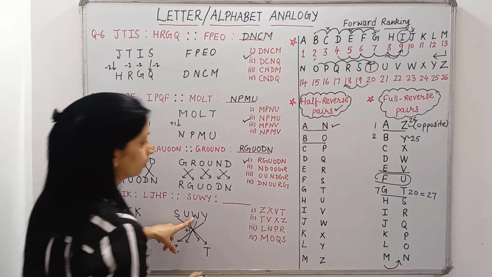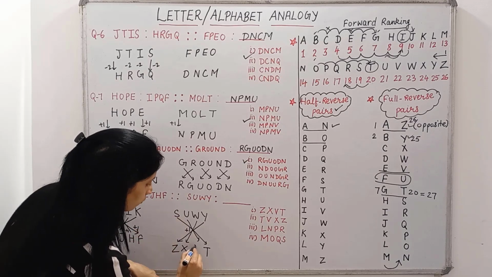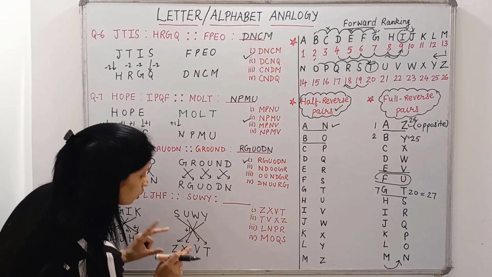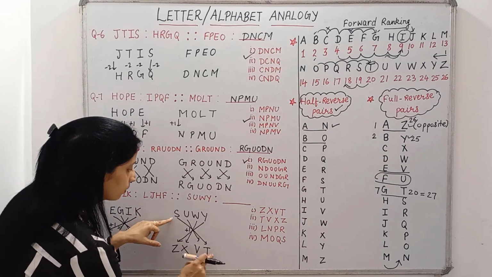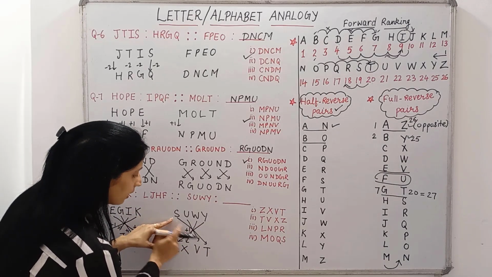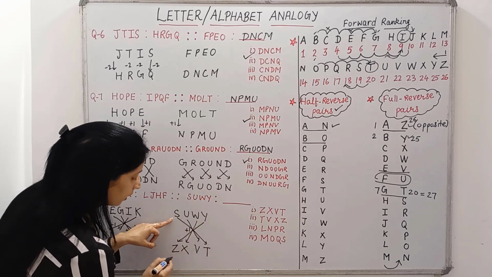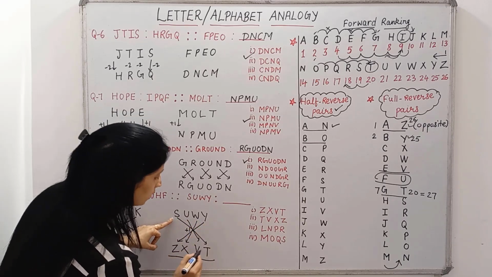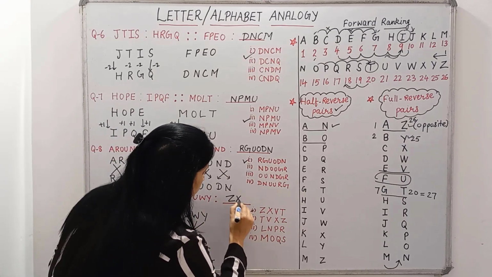Okay. So after W, what will come? X. And after U, what will come? V. This means in each term we are adding 1, but not vertically. Okay, we are doing it by this way. ST, YZ, UV, WX. So our answer will be ZXVT. ZXVT. This means first option.